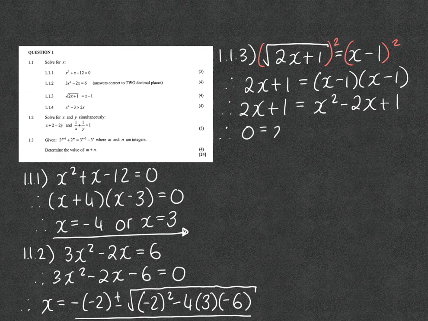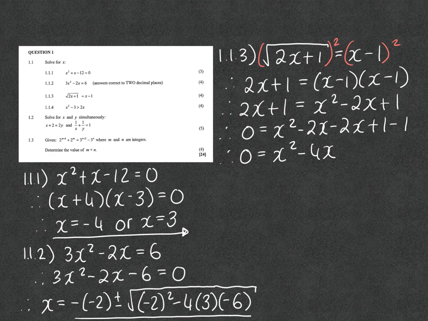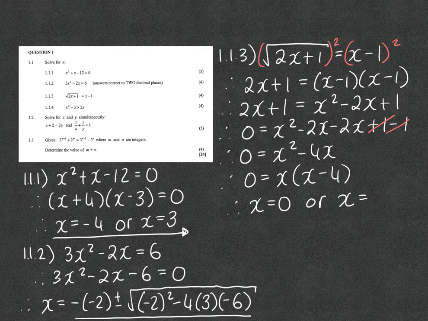So 0 equals x squared minus 2x plus 1 minus 1, which leaves me with x squared minus 4x. What happens to my 1s, everybody? They cancel. Now I've got x squared minus 4x left over, which I can take a common factor out of. I'm left with x times x minus 4. Therefore, x is equal to 0 or x is equal to 4.